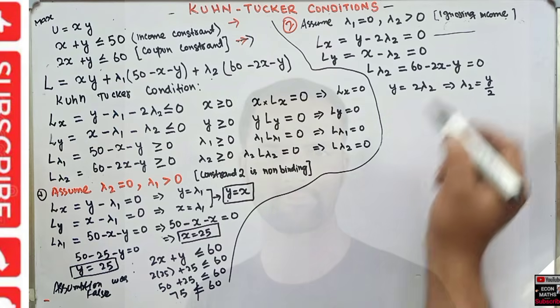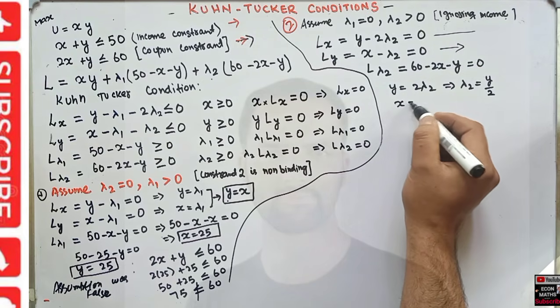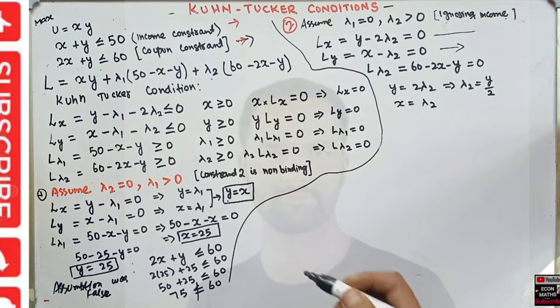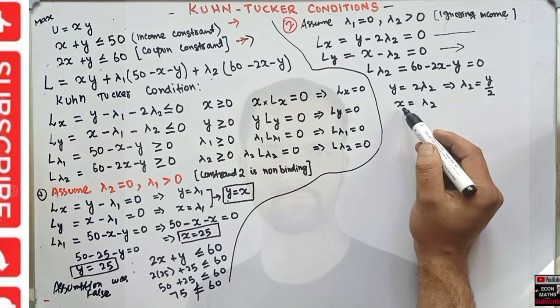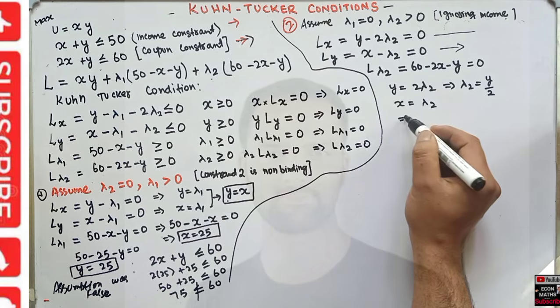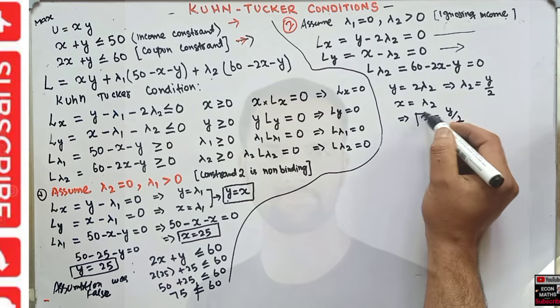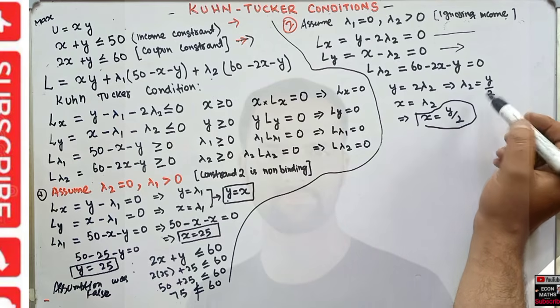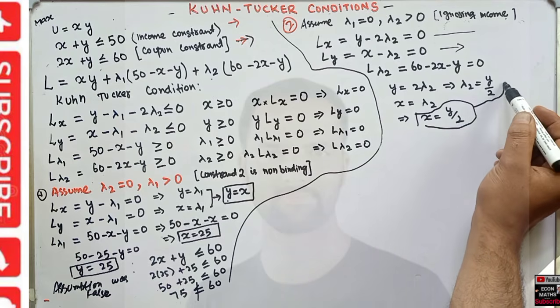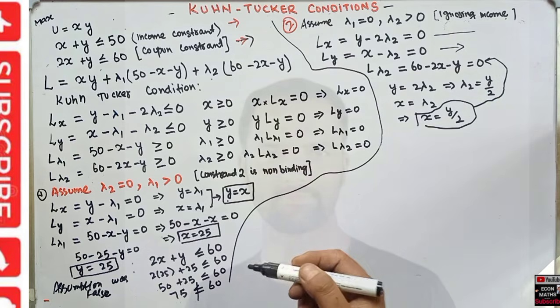From the other condition we get x is equal to lambda 2. Now x is equal to lambda 2 is equal to y upon 2, which implies x is equal to y upon 2. We use this relation and put it in our constraint, that is L of lambda 2.